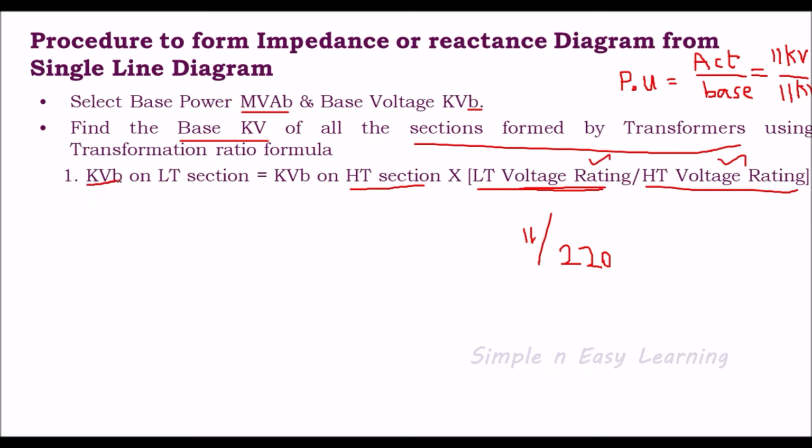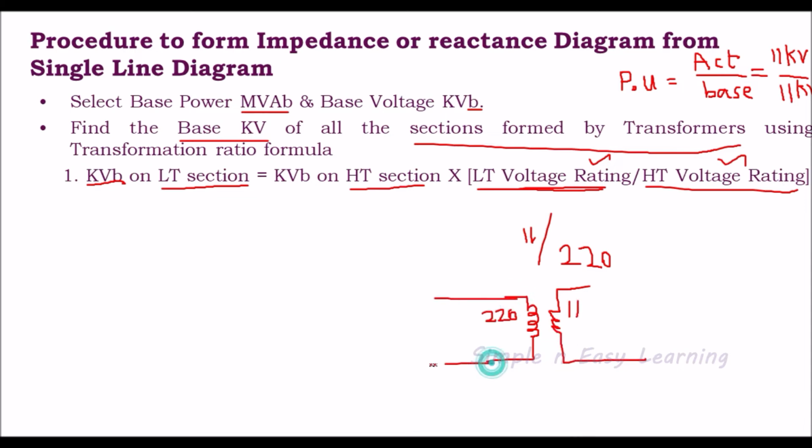These two are the KVB, base KV on LT side and HT side. If I draw a transformer like this, it is a step down transformer. This side you will have 220 and this side you will have 11.